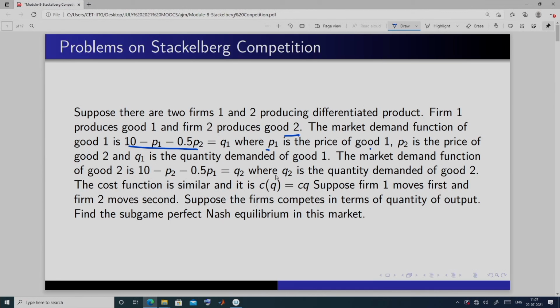Here Q2 is the quantity of good 2 which is produced by firm 2, and the cost function for both the firms is the same and it is given by CQ.